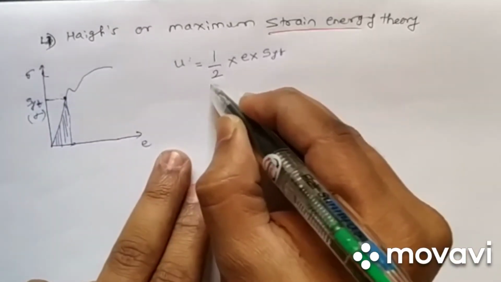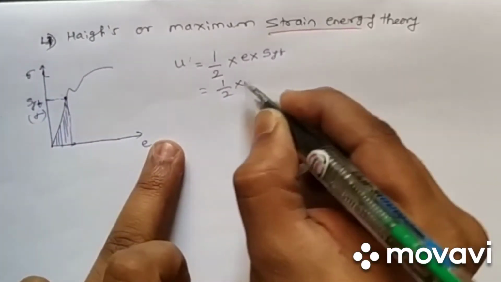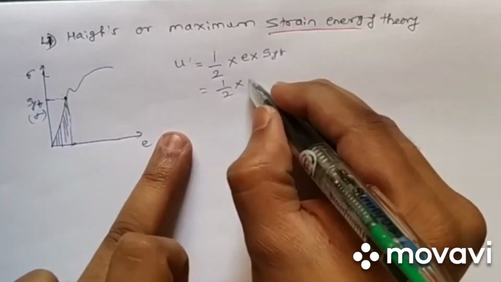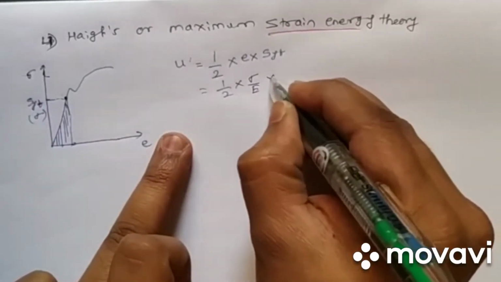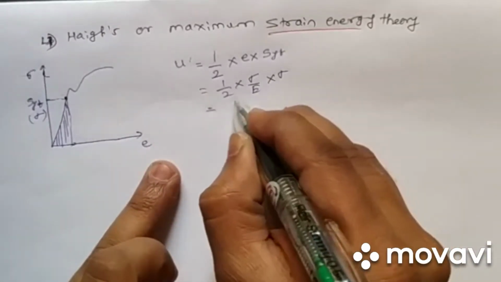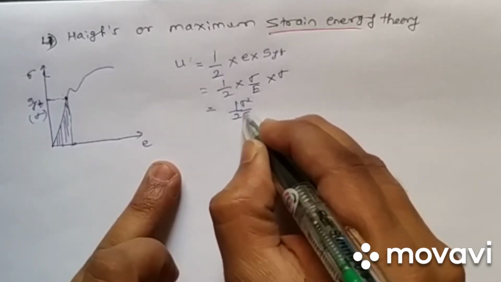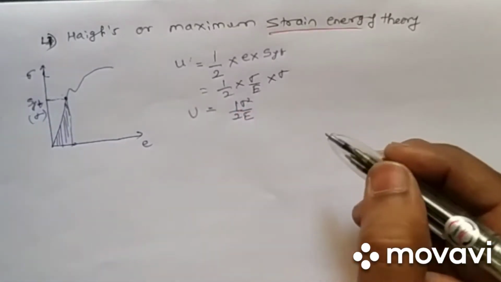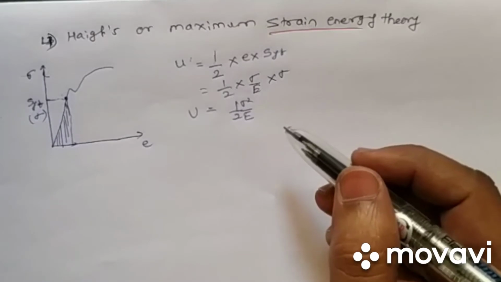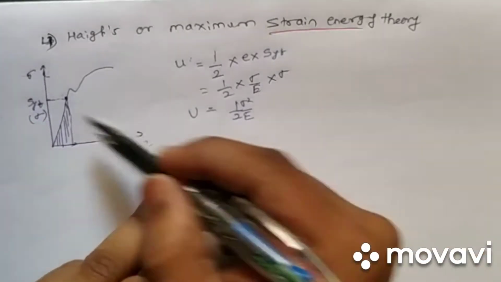So we can write it as 1/2 into E. Again we can write it as sigma by E into sigma. So the strain energy will be 1/2 sigma square by E. This is the strain energy per unit volume stored in the body at any point.